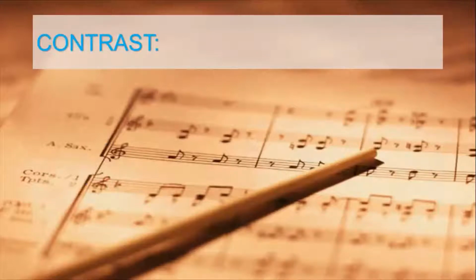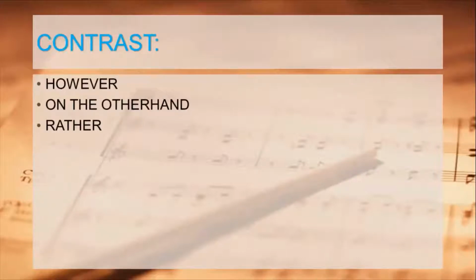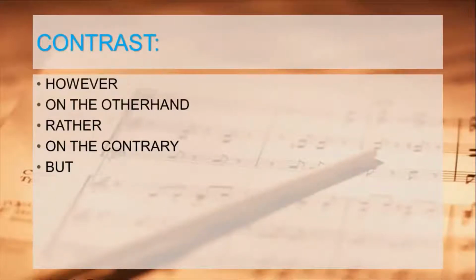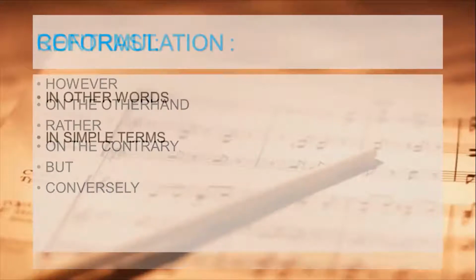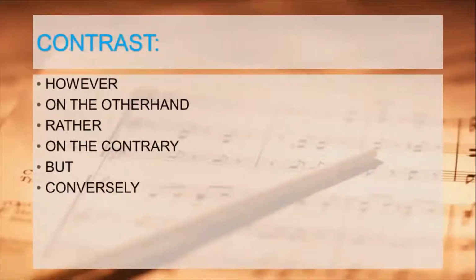If you want to give contrast, in the sense that you need to explain opposite ideas, you can use different words like however, on the other hand, rather, on the contrary, but, conversely. So these are the words which help you describe opposite points.